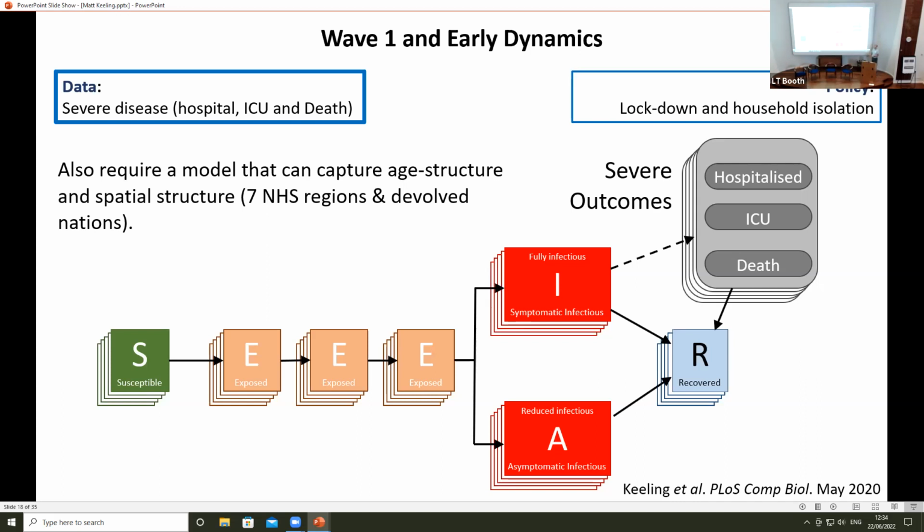We know that older individuals had a higher risk of severe outcomes and had a higher risk of being symptomatic rather than asymptomatic. So instead of just one class, we've got 7 classes for the different NHS regions and further 21 multiples of that to try and capture the different age classes. So we're already at quite a big system.